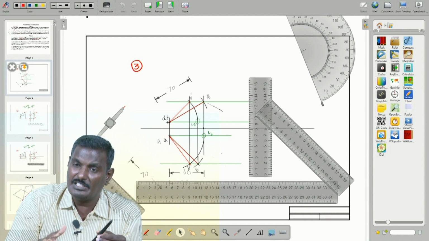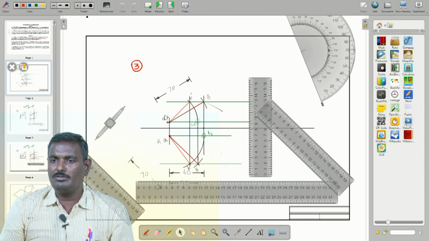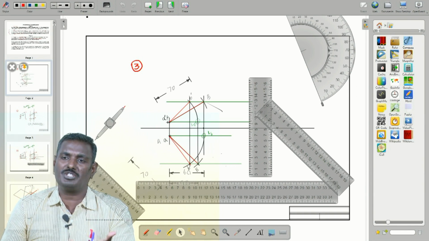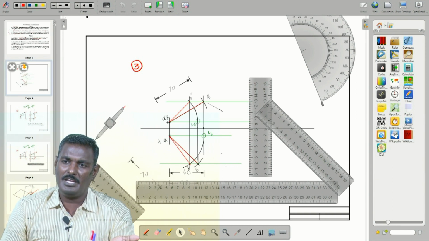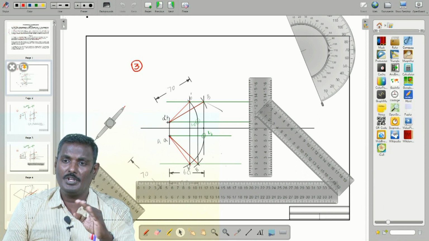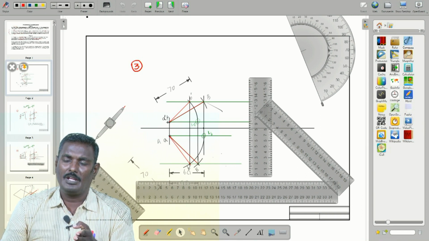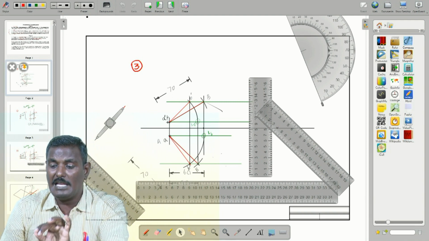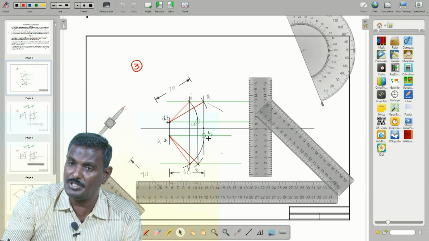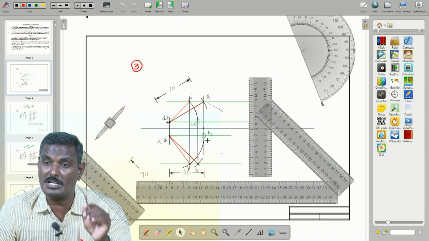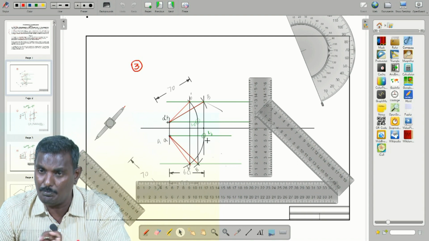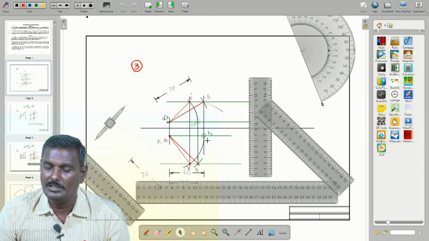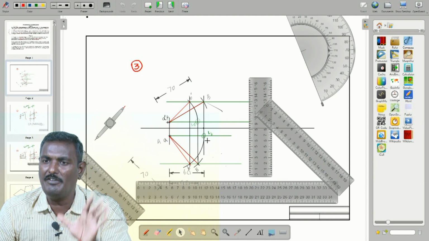Afterwards, the reverse principle: from capital B, draw a projector up to the locus line of A. From that, measure a radius, A and LB, and make an arc to intersect the locus line of capital B in the plan view. That intersect point gives small b, and A and b give the plan view.